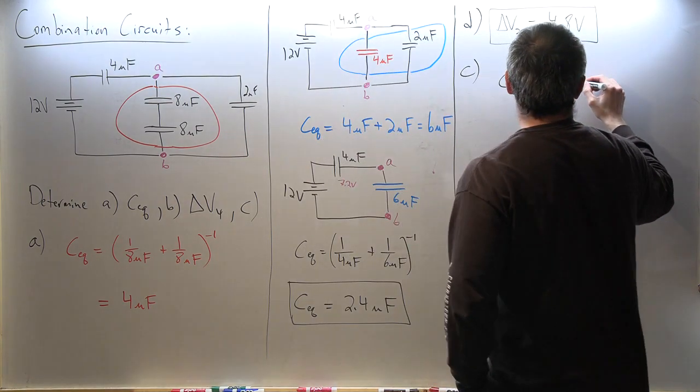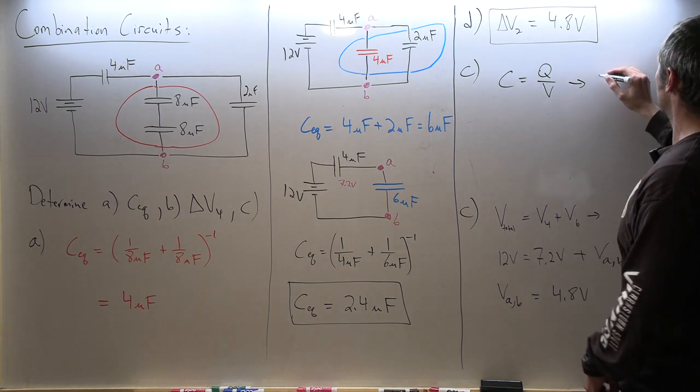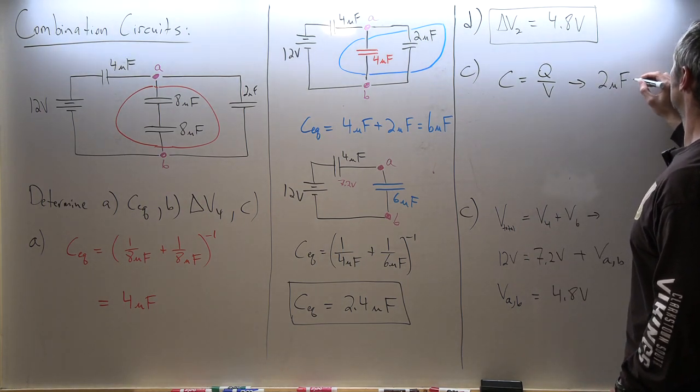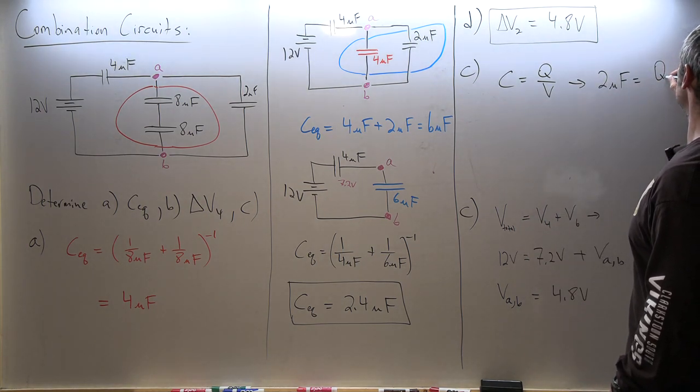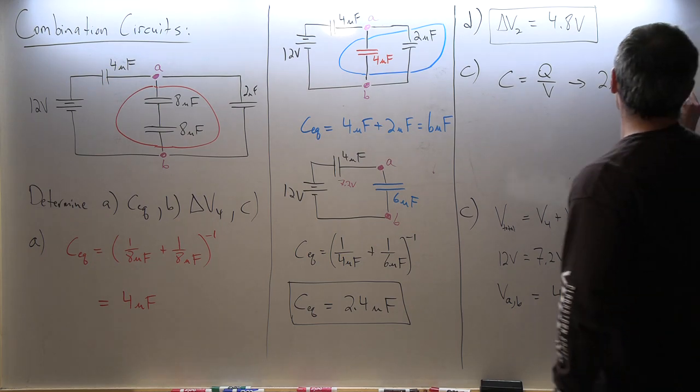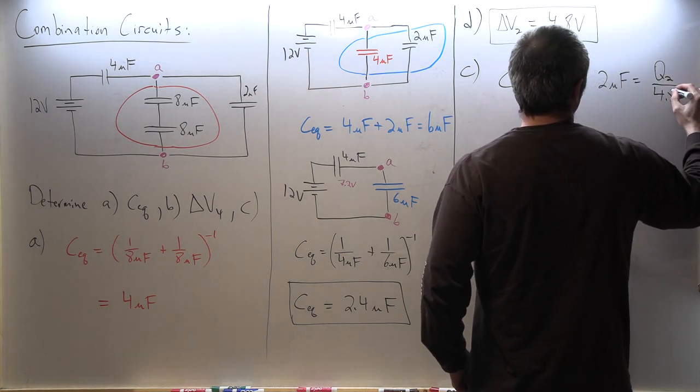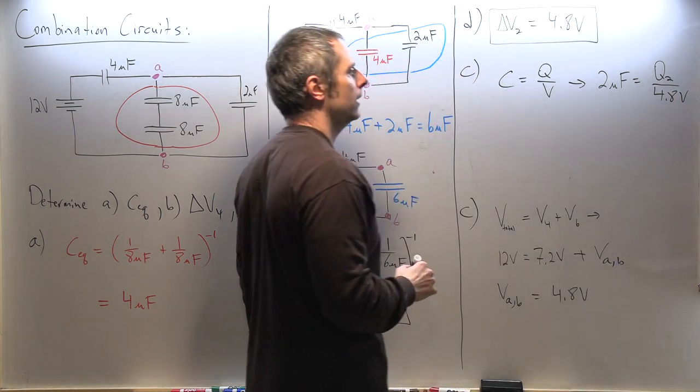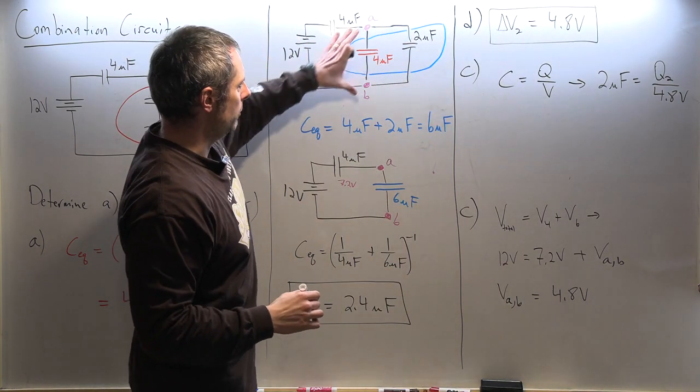And we have 2 microfarads. We're looking for the charge in that 2 microfarads, and we know that it has 4.8 volts across it. Right there, 4.8.